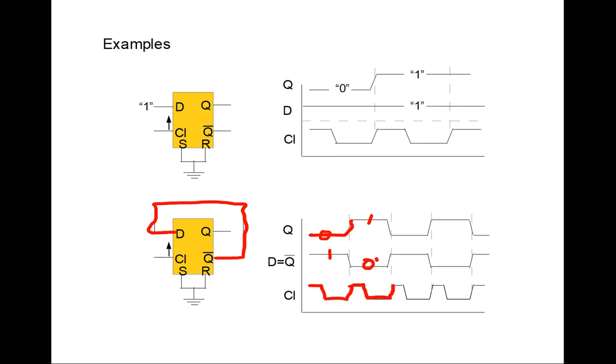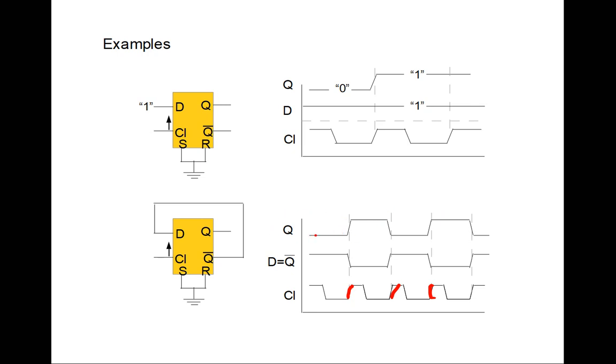And then this 0 that's in D will be transferred to Q. And so what happens here is that we are changing the state of the flip-flop on every rising edge of the clock, which is kind of neat because of the following when we look at Q.